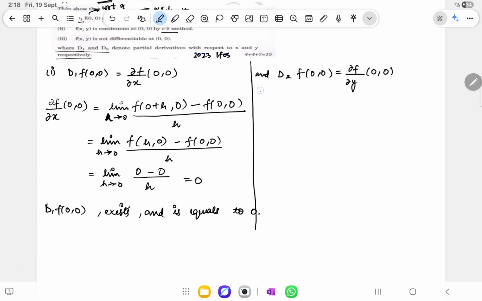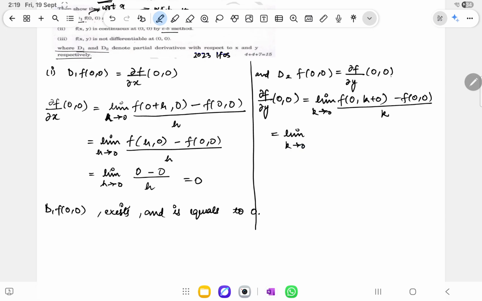Likewise we can check d2 f(0,0). That will be the derivative of f with respect to y at (0,0), equal to the limit as k approaches 0 of f(0, k+0) minus f(0,0) divided by k, which is the limit as k approaches 0 of f(0,k) minus f(0,0) divided by k.